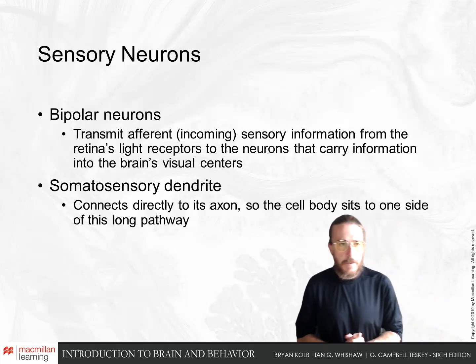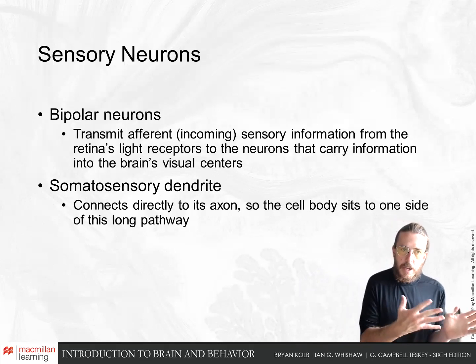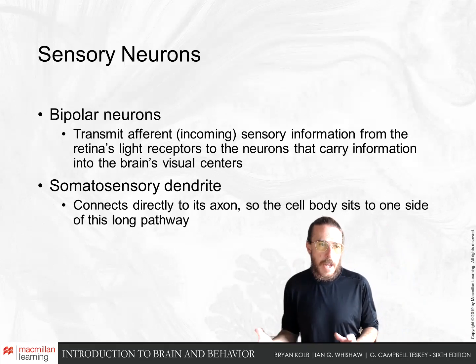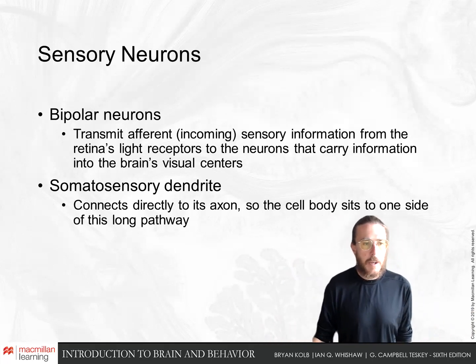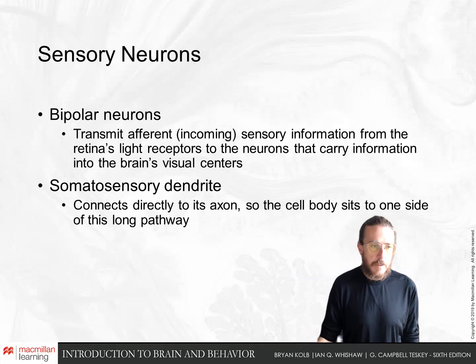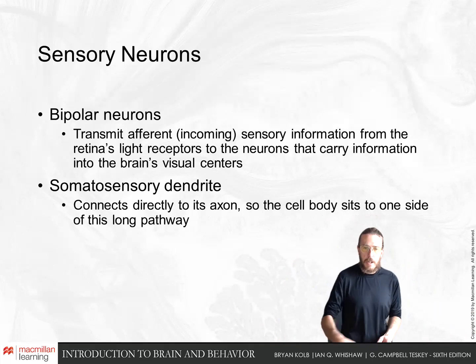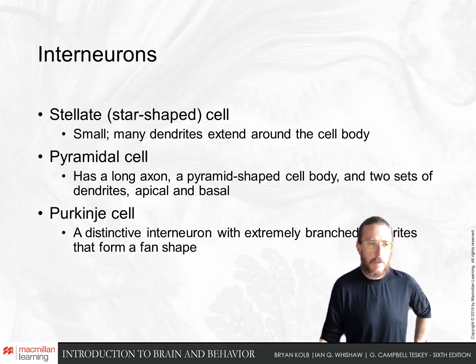I talked about most of these things already, but we'll just recover it one more time. The bipolar neurons are what we'll learn about in the chapter on vision. They take information from the retina's light receptors and carry it into the brain's visual activity centers, and the somatosensory dendrites connect directly from the dendrite to the axon, and the cell body sits outside.